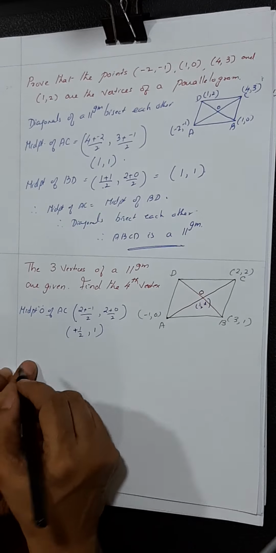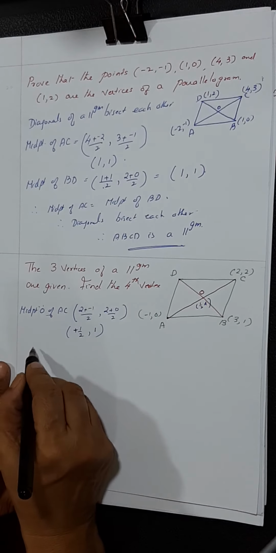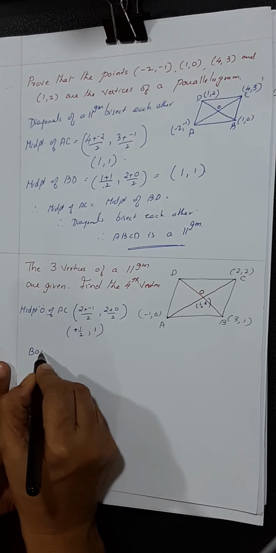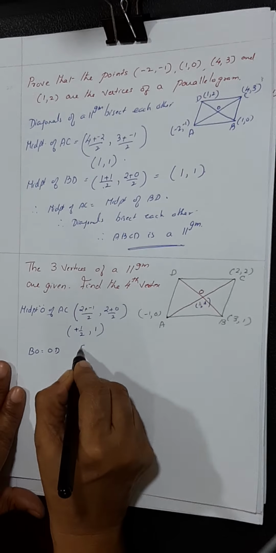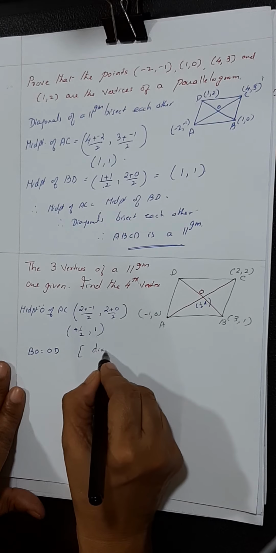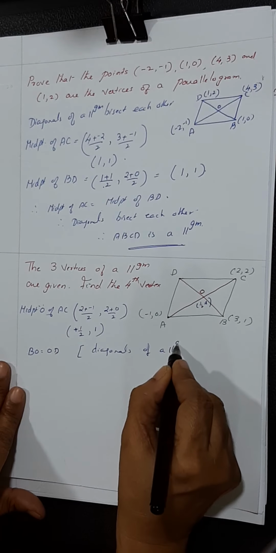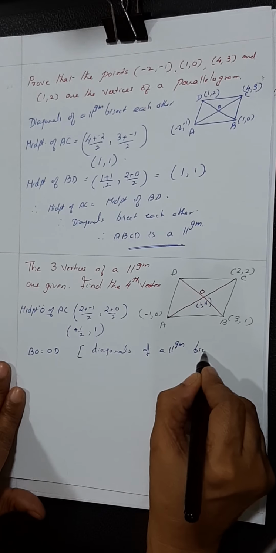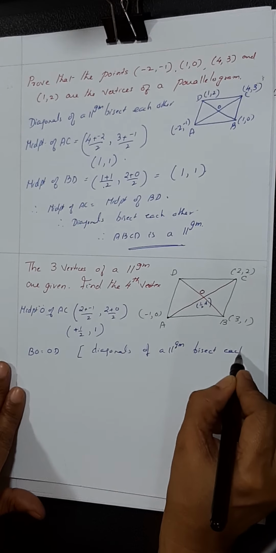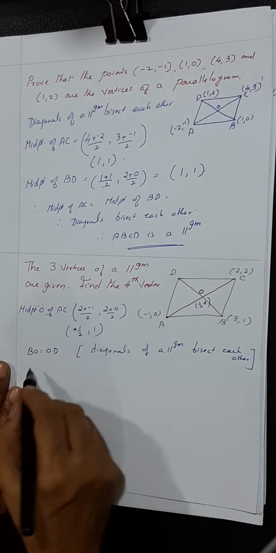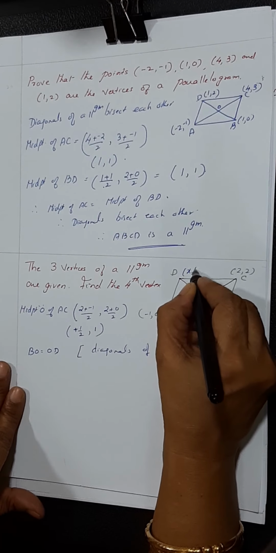Now, we will use again BO is equal to OD. The reason is diagonals of a parallelogram bisect each other. Now, we will let this be x and y.